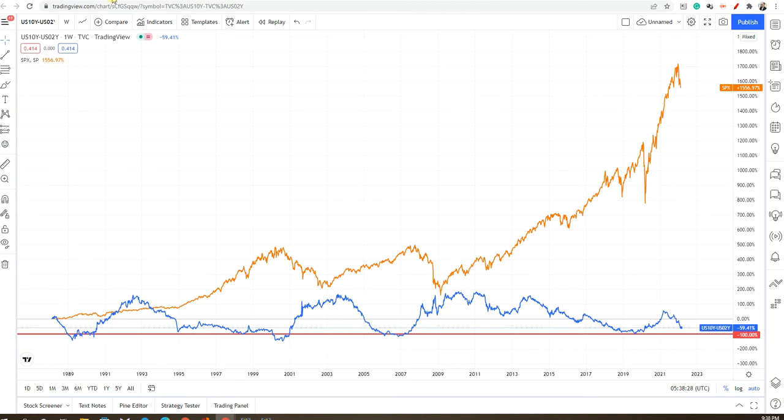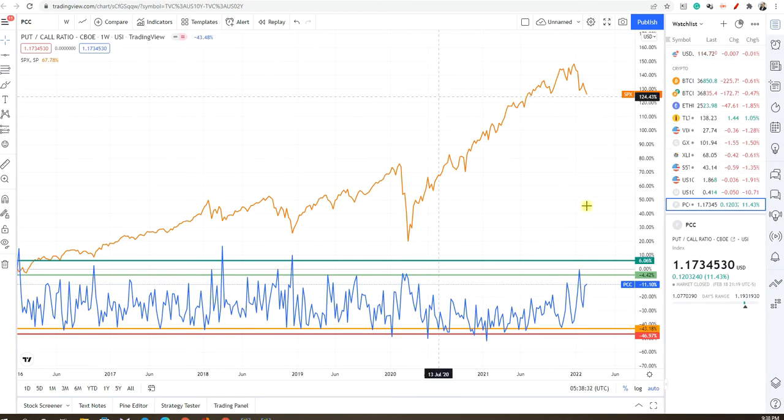And the second chart is this one. This is pretty interesting. The chart below is the put-call ratio. It means that when everyone's getting bearish or wants to hedge their portfolio, they are buying puts or shorting the market, right? So when they are shorting the market, they are just buying put options against the S&P 500, okay?